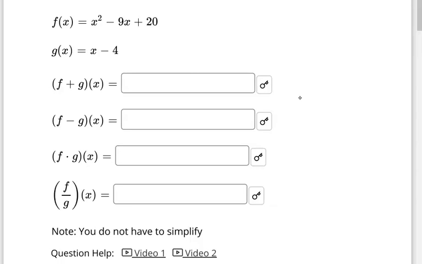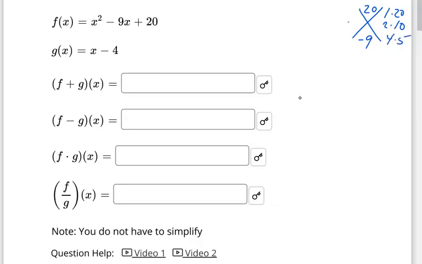x squared minus 9x plus 20: do our little magic, two numbers that multiply to 20 and add to negative 9. I see that 20 is 1 times 20, 2 times 10, 3 is not a factor, 4 times 5.